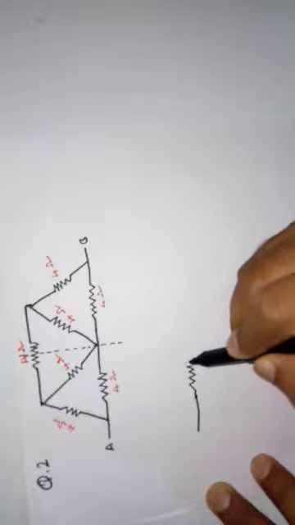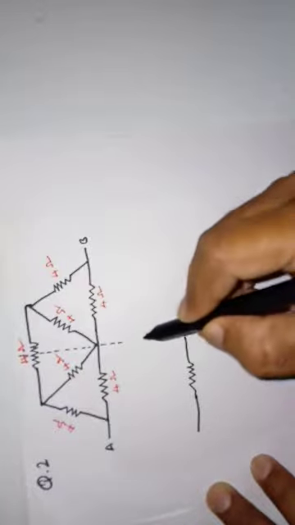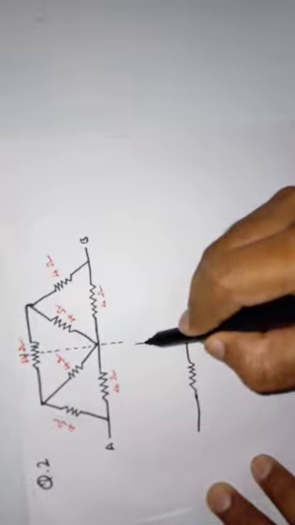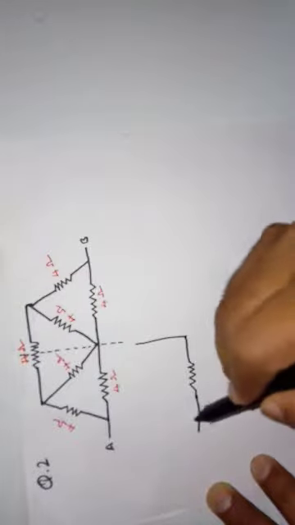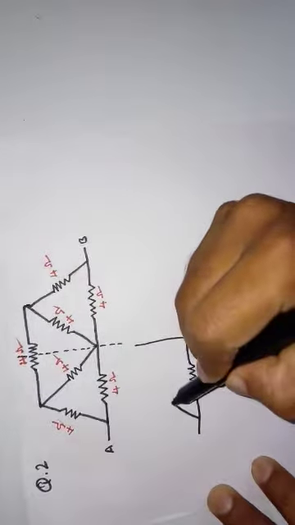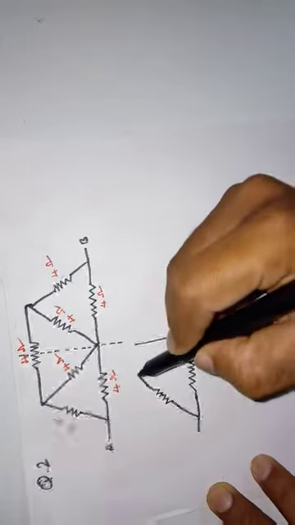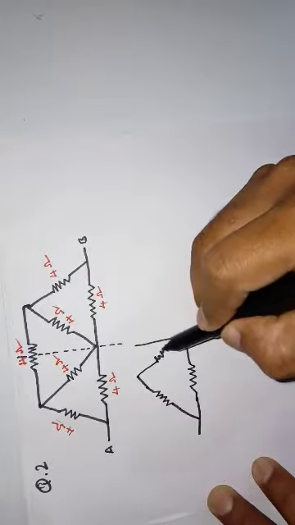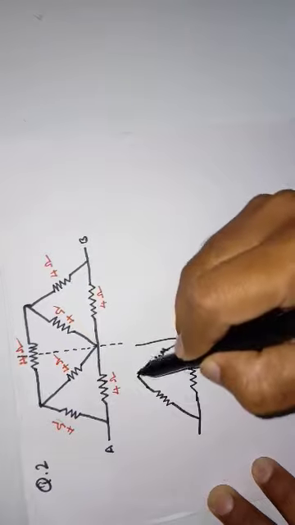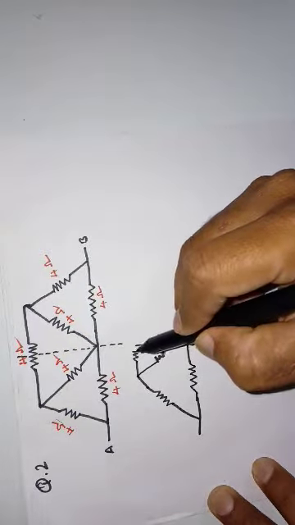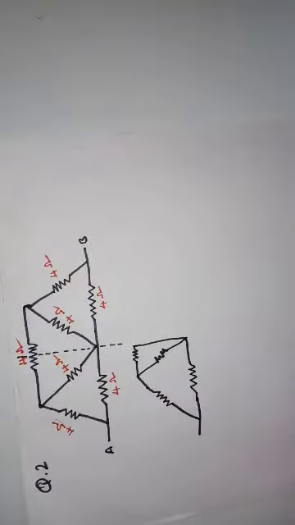This is a resistance of 4 ohms, and here this is another resistance, and now here we have half of the resistance. And what will be the value?